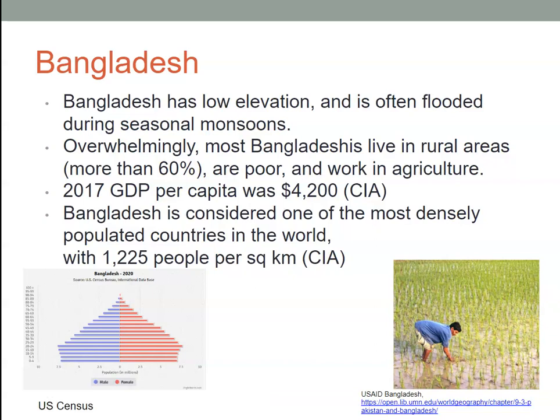This pyramid here from 2020 shows pretty even numbers of gender, or I should say biological sex, because in much of this realm, we see a preference for male babies. Many of the countries in this realm have very large families, but male babies are still preferred. India has the most severe discrepancy between males and females.